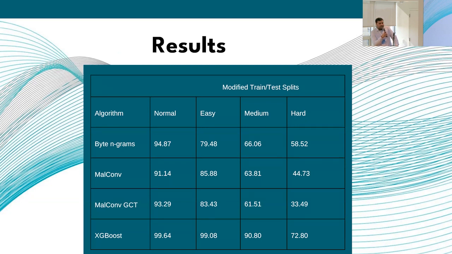But from these results, we can see that we used the Malcolm model for generating our splits, which was a considerably weaker model than the XGBoost. But with the splits we got, the hard split was able to bring down the XGBoost model's high accuracy from 99% to 72%, which tells us that we can evaluate the improvements in the XGBoost model with the harder splits.